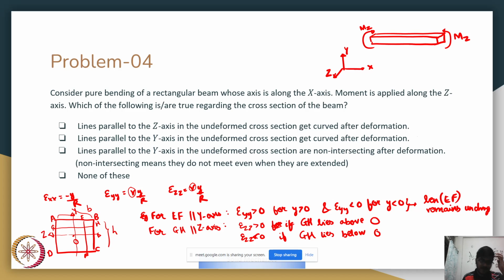Therefore, this is nothing but elongation and this is compression. So lines parallel to the z-axis above the centroid would be elongated, and lines below the centroid would be compressed.